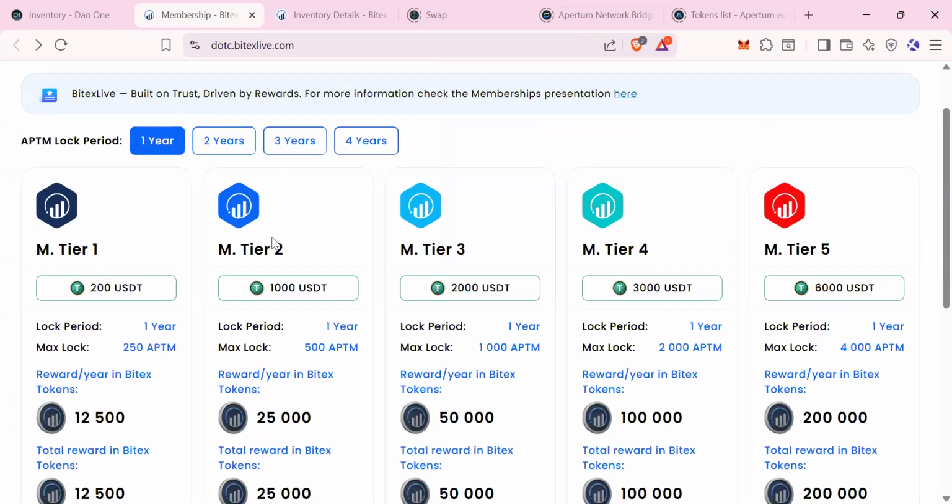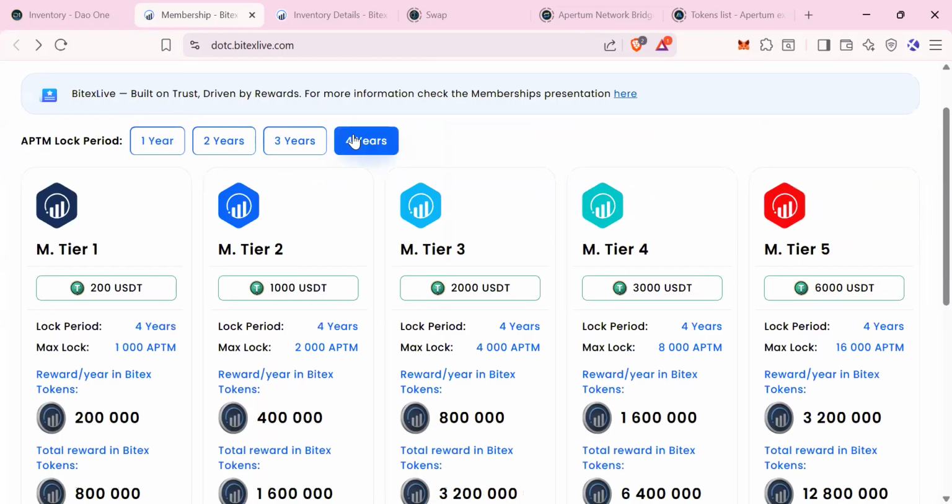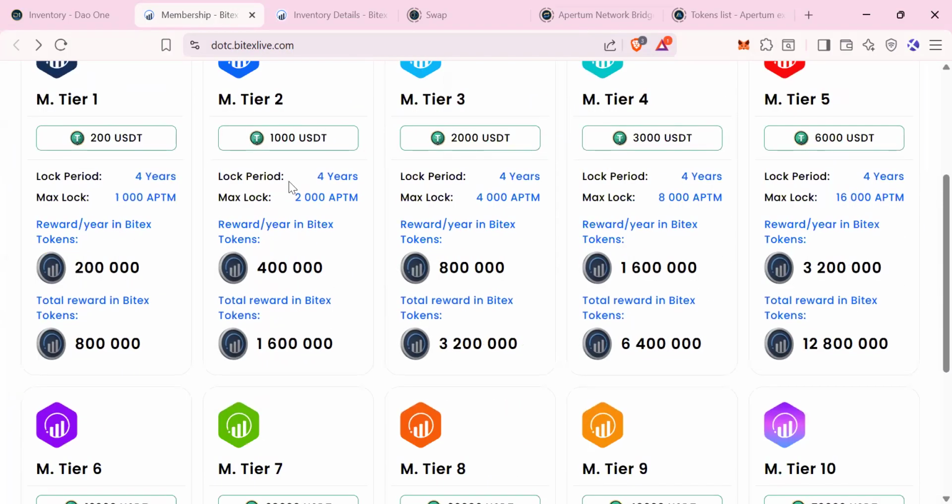So we look here now at the tier 2 and we click here on 4 years. So this now says to you that it's the 4-year period. You have to lock away 2,000 maximum, in which case you're going to get 4,000 Bitx tokens a year or 1,600 Bitx tokens after the 4 years.